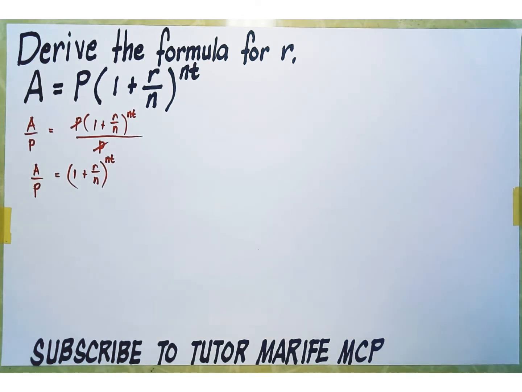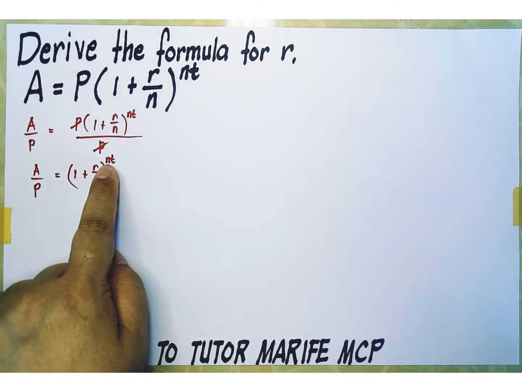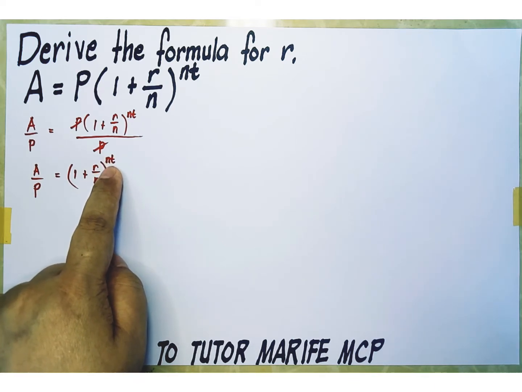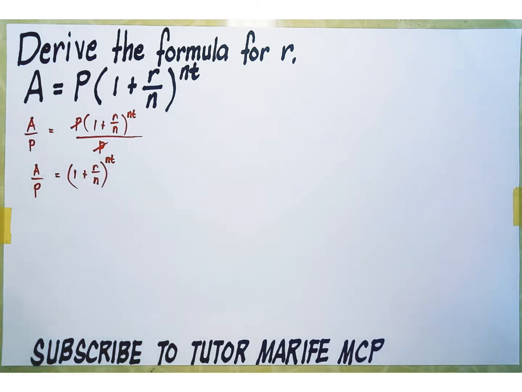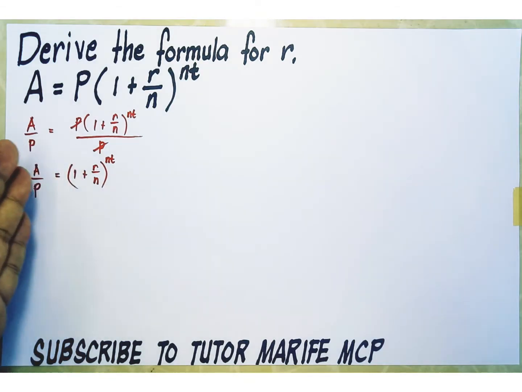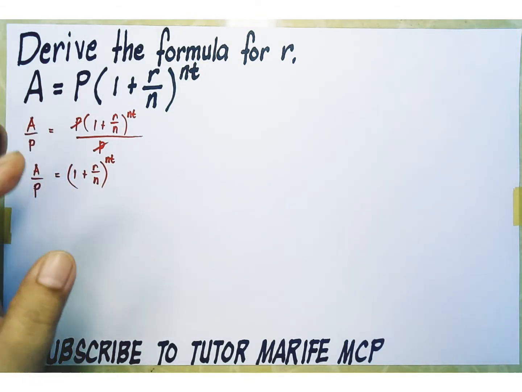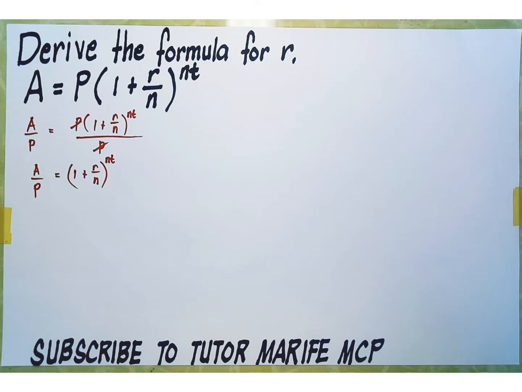Okay. Next, I want to bring down the exponent N times T. So to be able to do that, I'll use rules for logarithm. So I'll take the logarithm of both sides and I'll choose the natural logarithm. You can also choose the common logarithm.